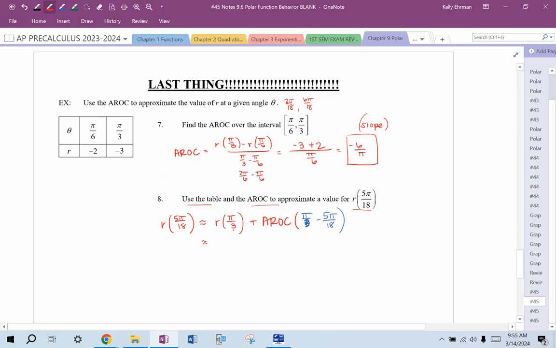We would have negative 3 minus 6 over pi, that slope, times how much of a change we are making. 6 pi over 18 minus 5 pi over 18 is pi over 18. So that's negative 3 minus 1/3, so negative 3 1/3, or negative 10/3, I guess.